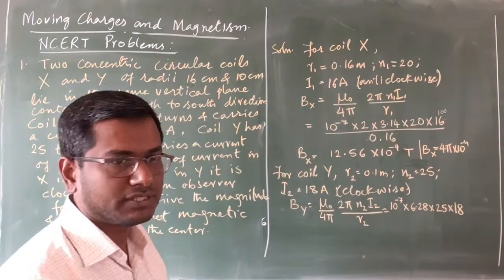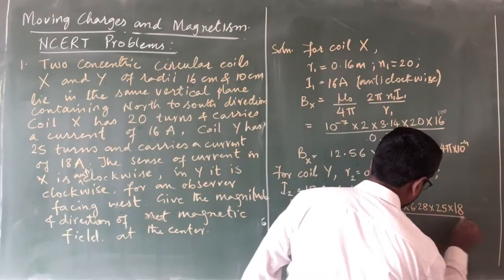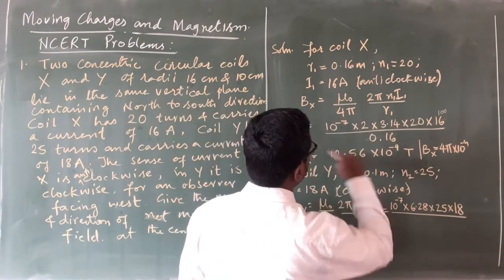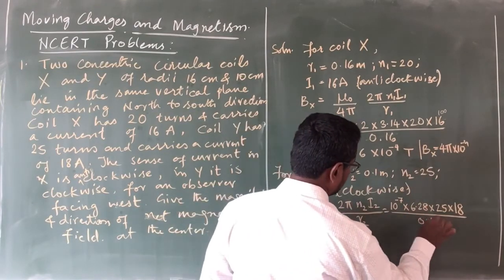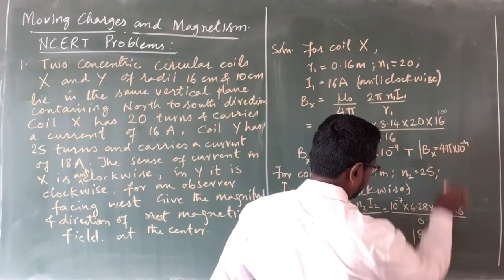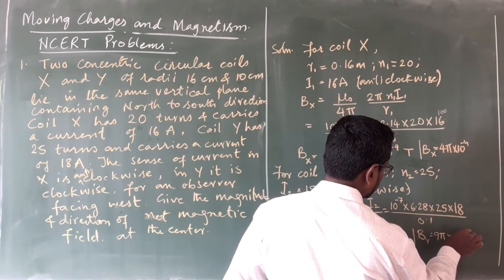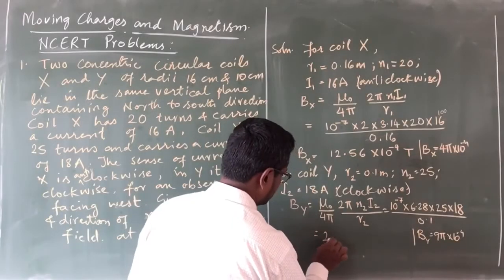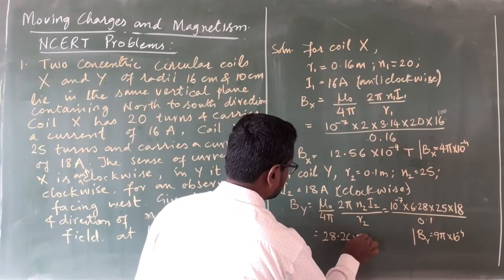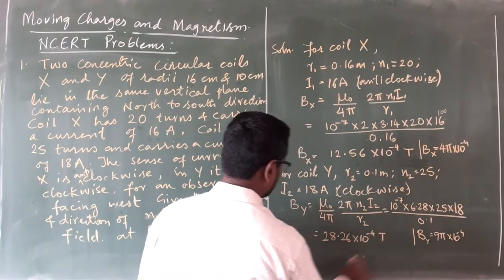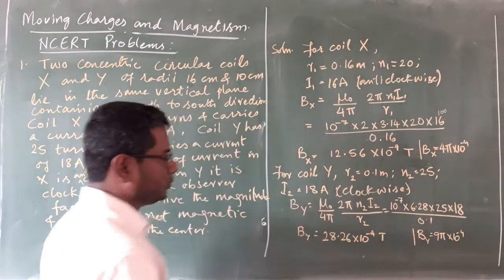I hope it is visible. Yes, it is visible. And the whole thing is divided by the radius R2, which is 0.1. Writing in terms of pi, it is 9 pi into 10 to the power of minus 4, and that is 28.26 into 10 to the power of minus 4 tesla. So this is the value of By.